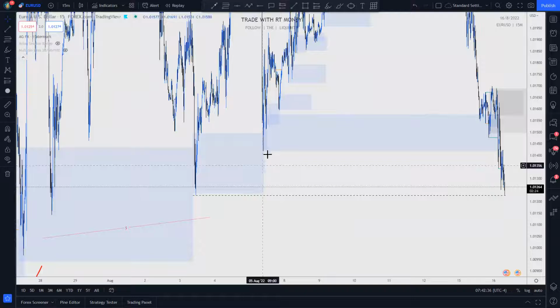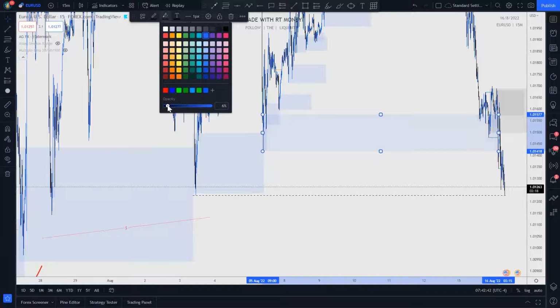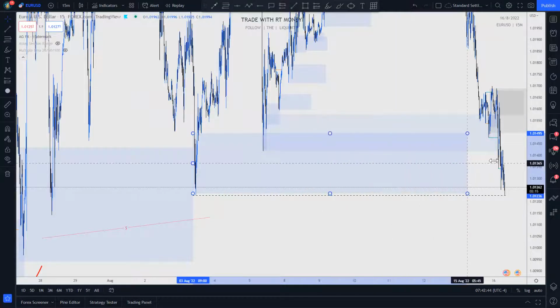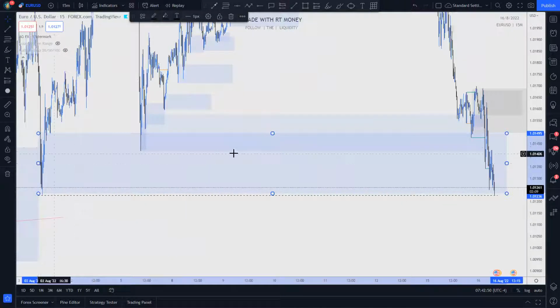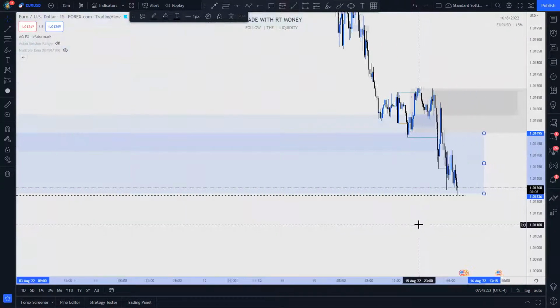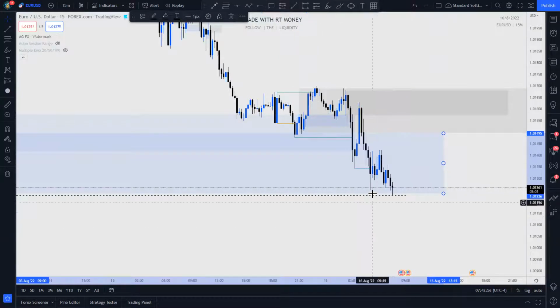Now I can bring this over. This is already done. I'm going to make this pretty light, don't you worry. But now we're at the extreme of this 4-hour demand. We're in the wick area of the 4-hour demand here, and we're just about ready to penetrate. Here's the line.